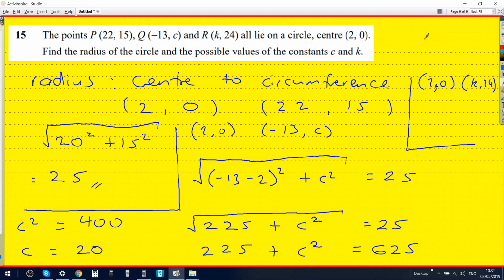So it's basically Pythagoras again, but just from the center to the circumference. And if you have to find an unknown point, same exact thing, Pythagoras, except this time you know the length, and so you have to solve to get what coordinate would give you that length.